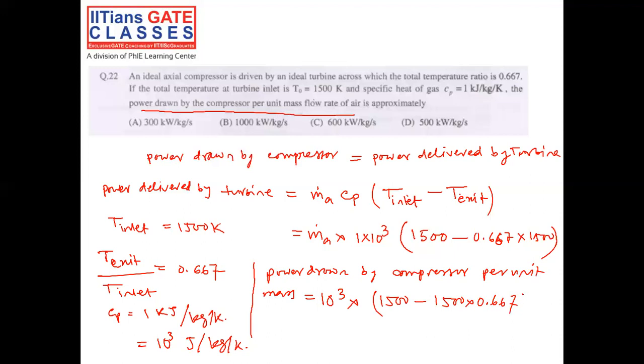So this is in watt per kg second. So this will come something around 499500 watt per kg second, which is 500 kilowatt per kg second. This is the correct answer, right?